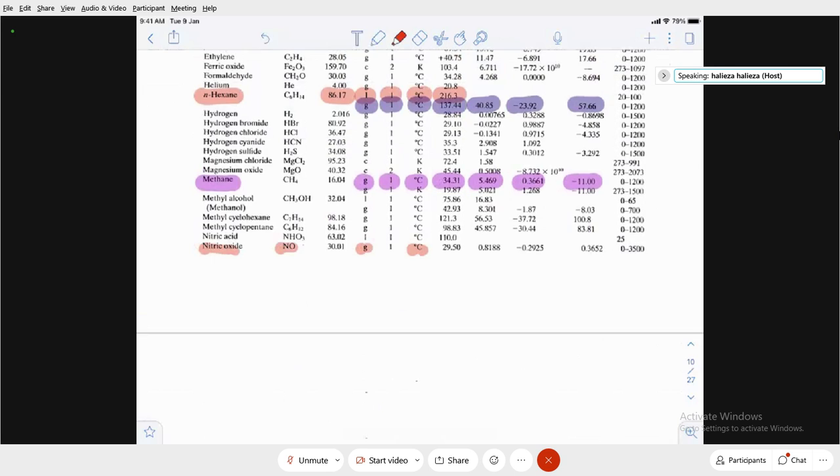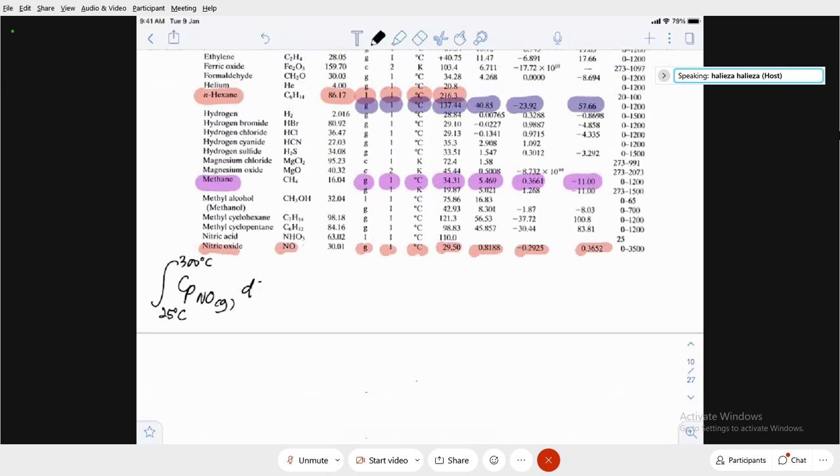So these are your A, your B, your C, and your D. Okay, now I'm going to do this here because I'm going to click back and forth. It will be difficult for me. So my CP, I'm going to integrate my CP from 25 degrees C, that's your reference temperature just now, to 300 degrees C, that's the temperature of the product, and that's the CP of nitric oxide, which is in gas form, with respect to temperature.